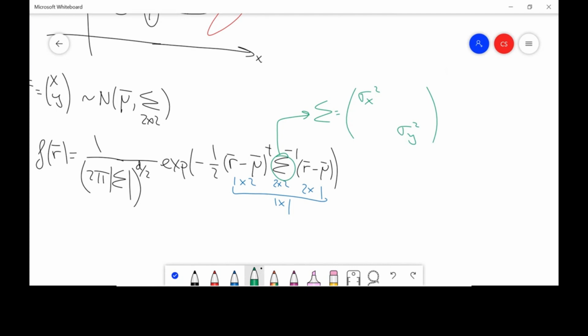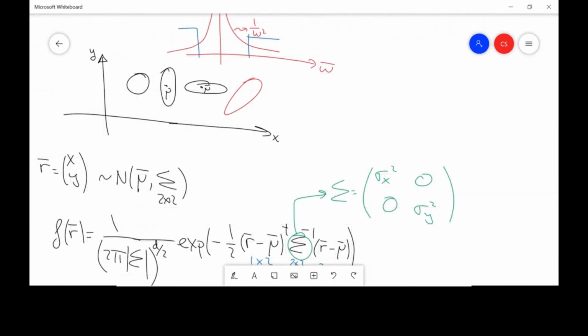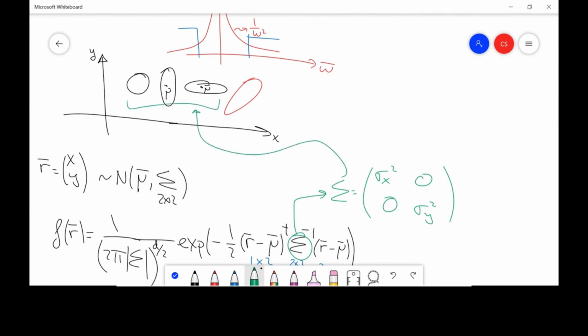If you put zeros in the off-diagonal entries, those are the ones that the slides are showing, and then you can achieve this kind of Gaussians. Those are Gaussians in which the 2 variables are independent. But these Gaussians, x and y, are not independent. Okay, so then you need something else.